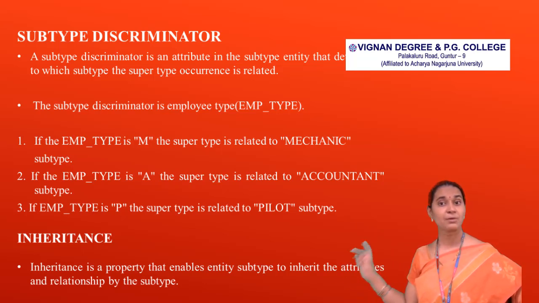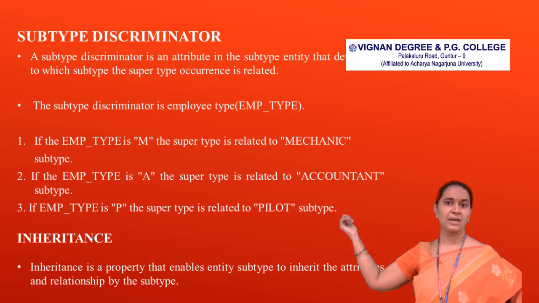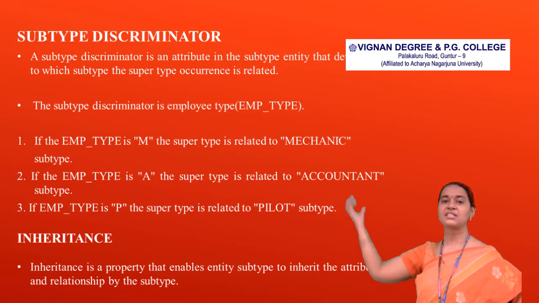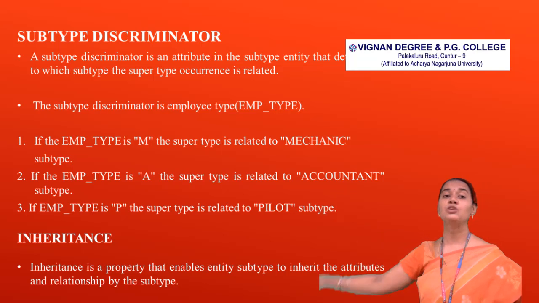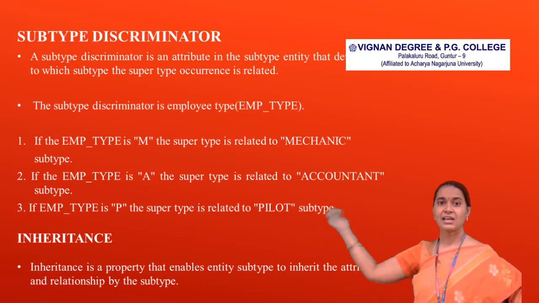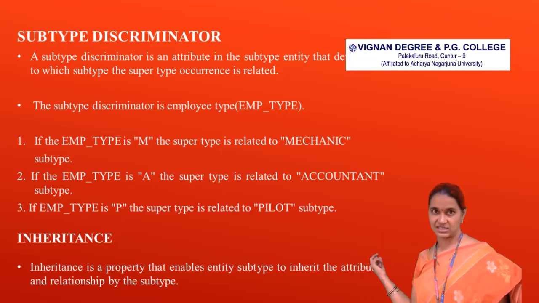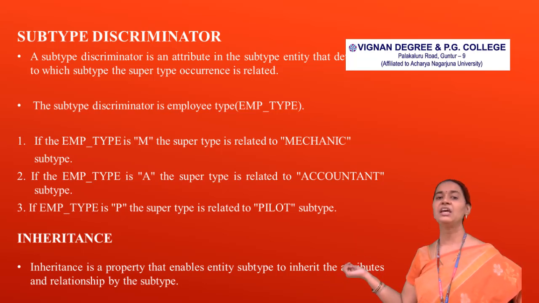So common properties for pilot, mechanic, accountants include employee number, employee name, date of join, etc. These similar properties are placed in the supertype and are inherited into its own subtypes based on the discriminator. So the pilot, mechanic and accountants inherit the employee number, last name, first name, middle initial, date of join and so on from the entity supertype.